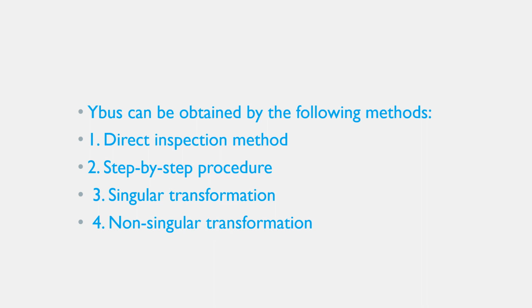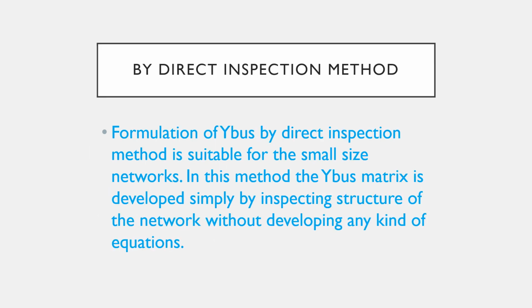The direct inspection method is suitable for small size networks. In this method, the Y bus matrix is developed simply by inspecting the structure of the network without developing any kind of equations.